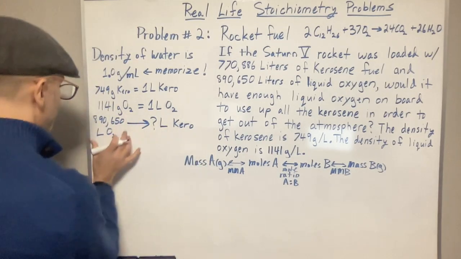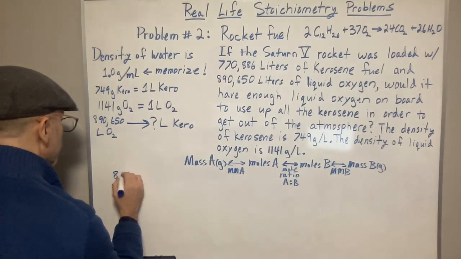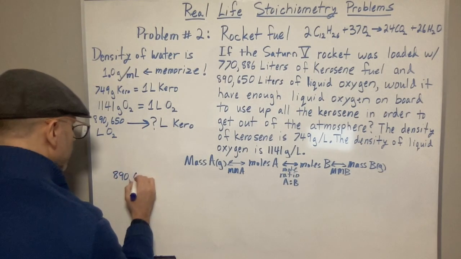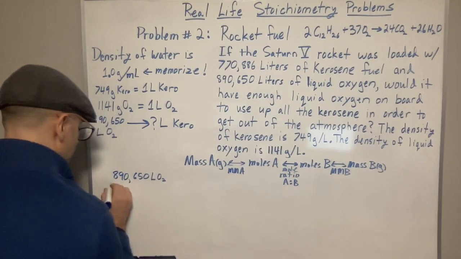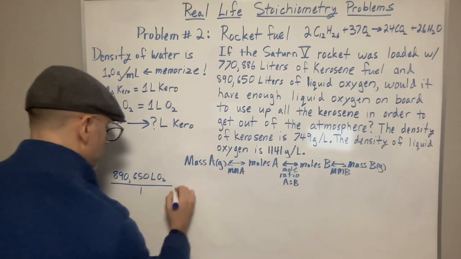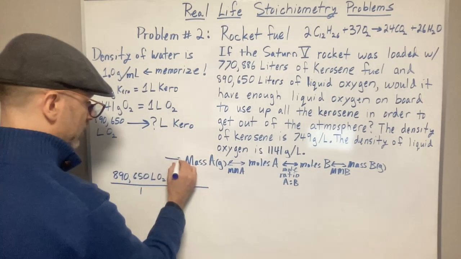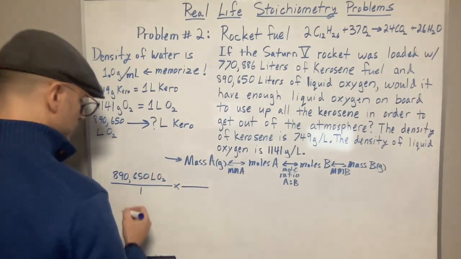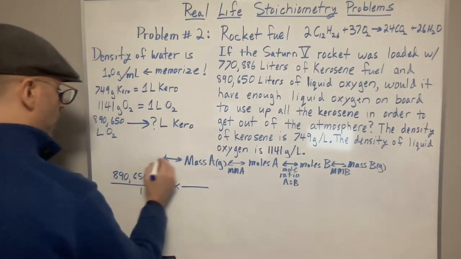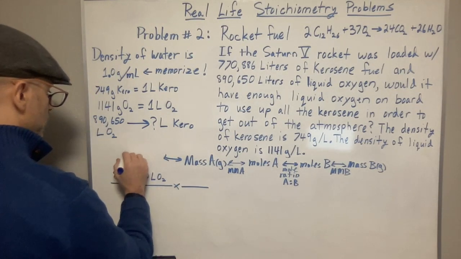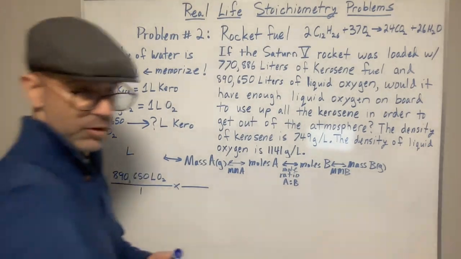So we're going to start with what we're given. We're given 890,650 liters of liquid oxygen. We're going to put that over 1. And our first conversion, just to add this to our main highway: we want to go from liters, or volume, right?